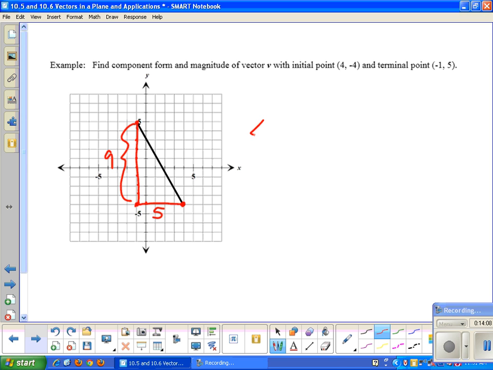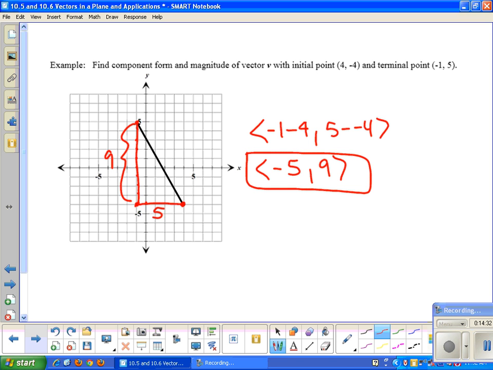So the component form for this would be, we use these arrows right here. So we're going to take -1 minus 4, comma, and then you have your y value, so 5 minus -4, and when you reduce this, you get -5, comma, 9.